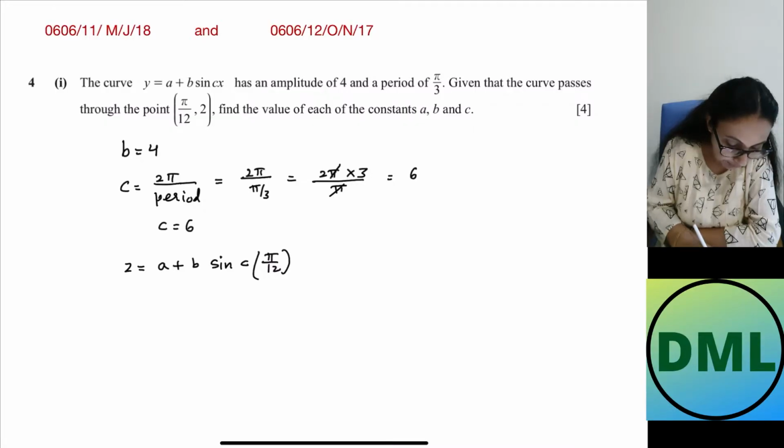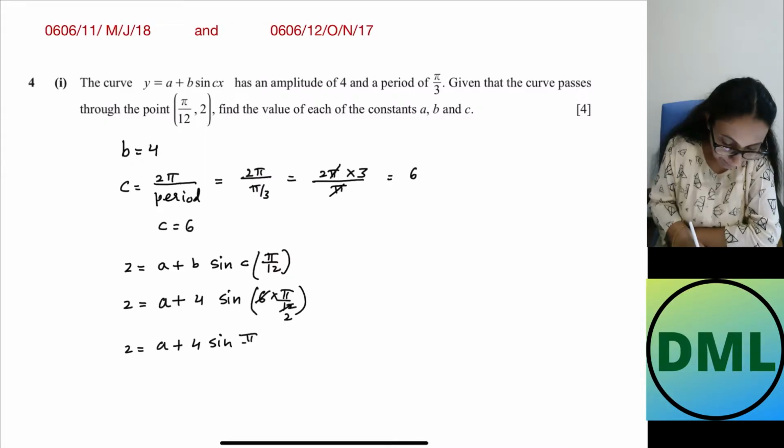What is the value for a? You don't know. But we can substitute the value for b, which is 4 sine, the value for c is 6 multiplied by pi by 12. 6 got cancelled from 12 and it will be 2 here. So 2 is equal to a plus 4 sine pi by 2.